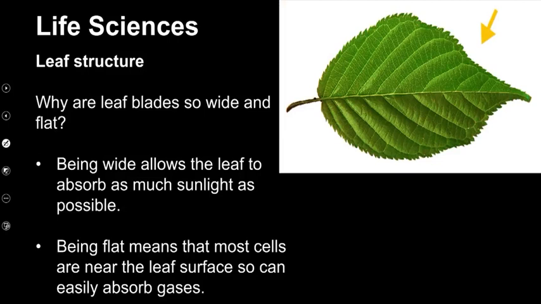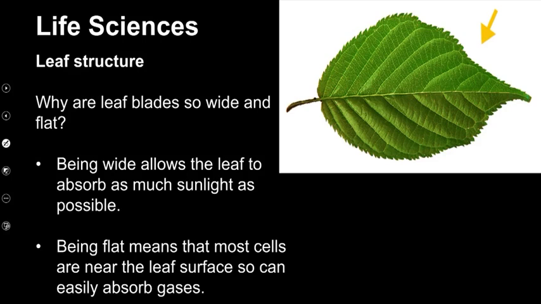Next one. Stems and roots are all round. So why is the leaf flat? The reason is the leaf's main function is photosynthesis. That's what keeps life on Earth going, the fact that plants make food for all the animals that live on Earth. And the more food the plants can make, the more they can grow.